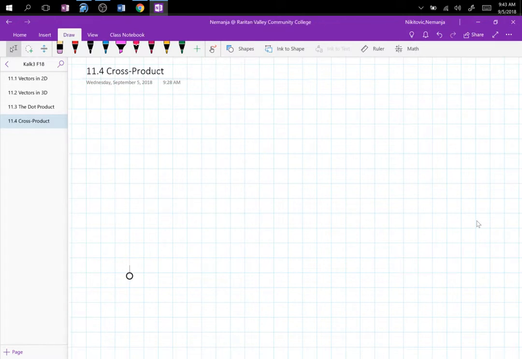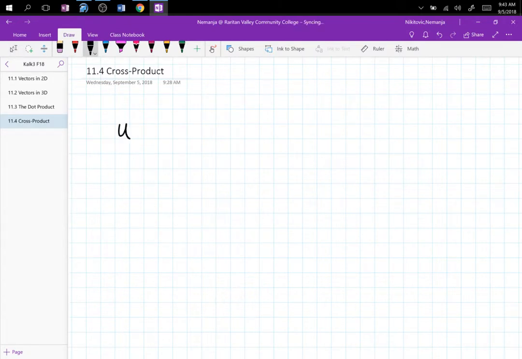As in the previous lecture, we'll do the calculation first, and then we'll do the definition, and then properties, and then we're done. So the way to work the cross product, let's go first with notation.